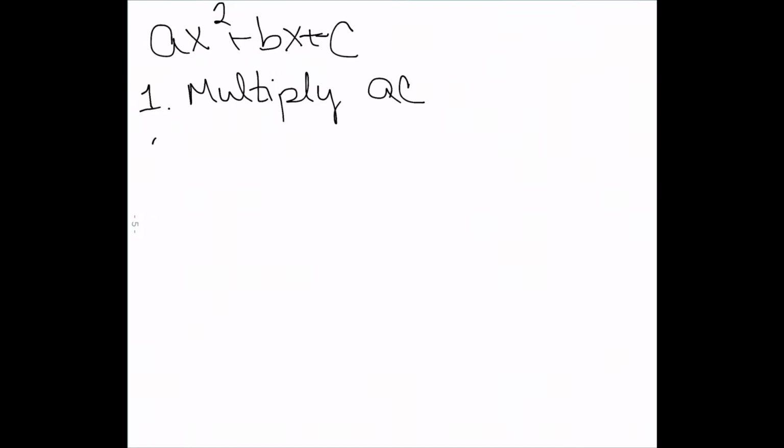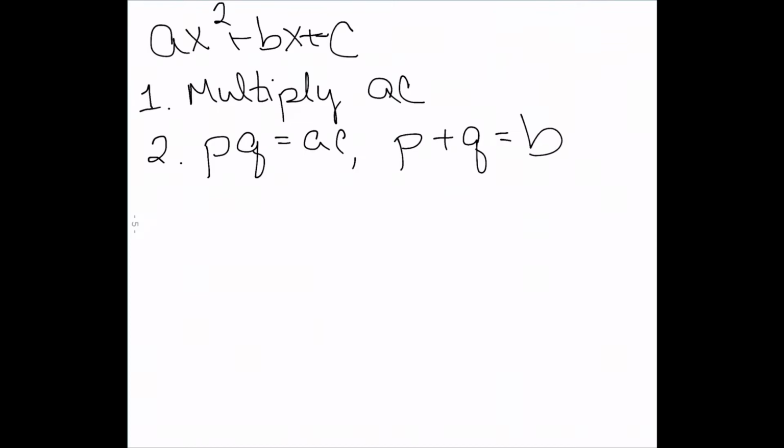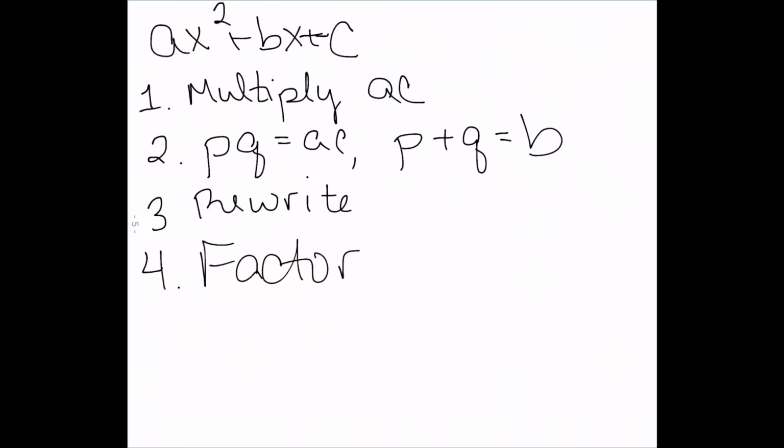We then need to see what multiplies to be AC, so I need to find my numbers p and q such that p times q is equal to AC, and p plus q is equal to b. So very similar to what I've been doing. Step 3, I need to rewrite my polynomial, which I'll go into in a little more detail when I do the examples, and then factor. So let's look at a few examples.